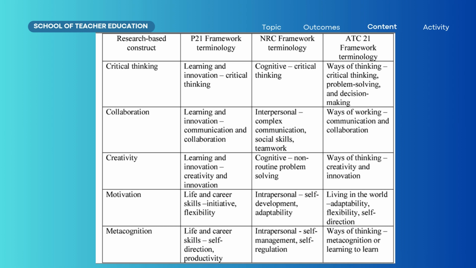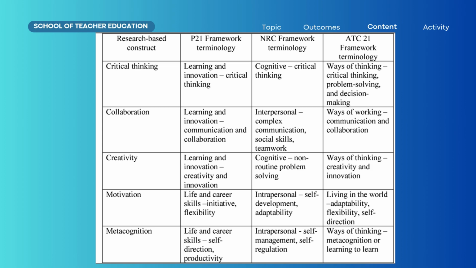So here, for critical thinking, the terminology we have is learning and innovation. For the NRC it is cognitive critical thinking. And for Assessing and Teaching 21st Century, the ways of thinking: critical thinking, problem solving, and decision making.